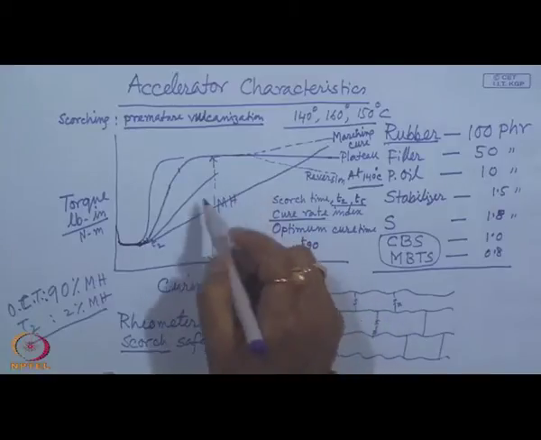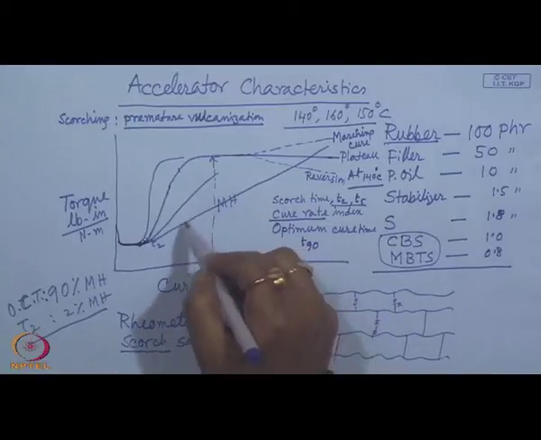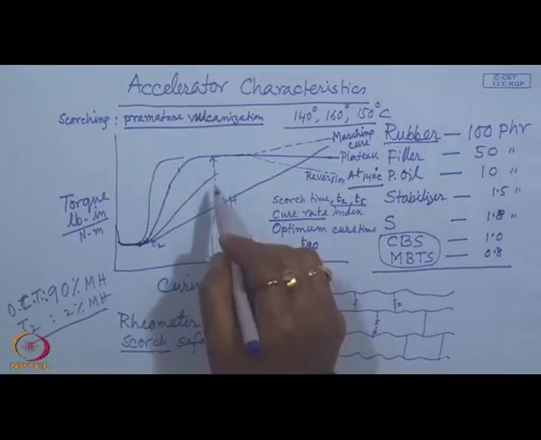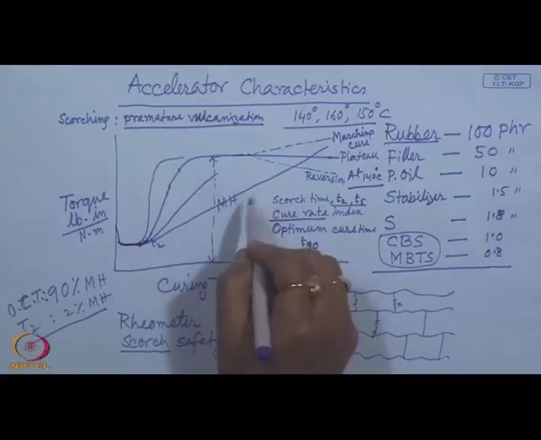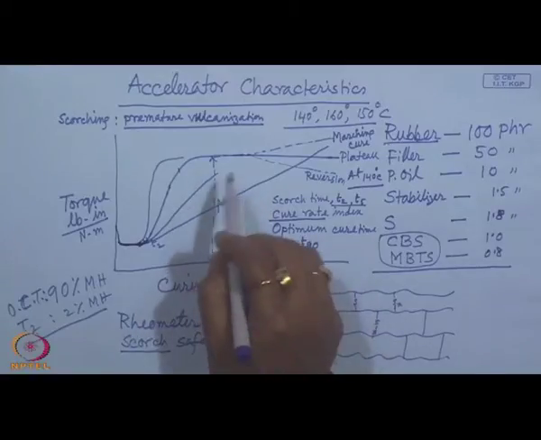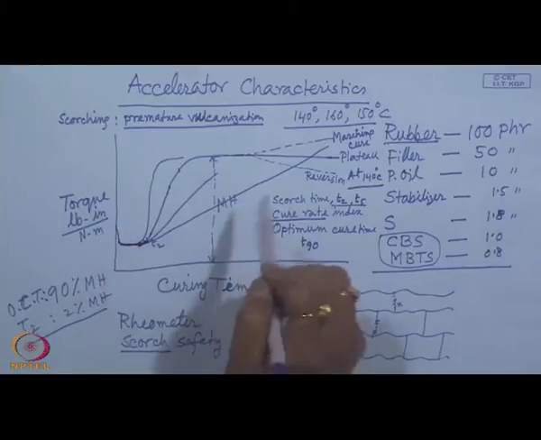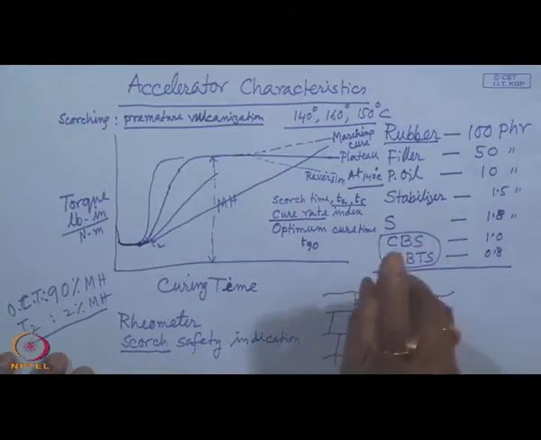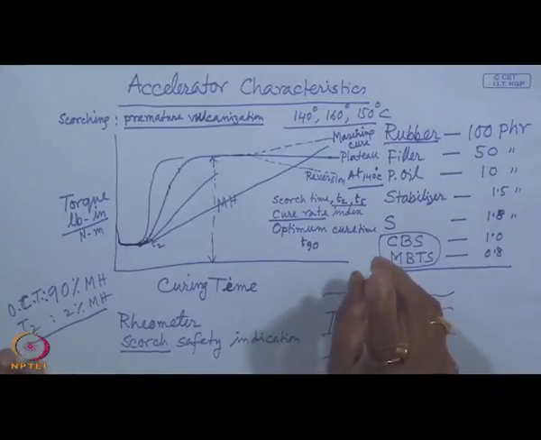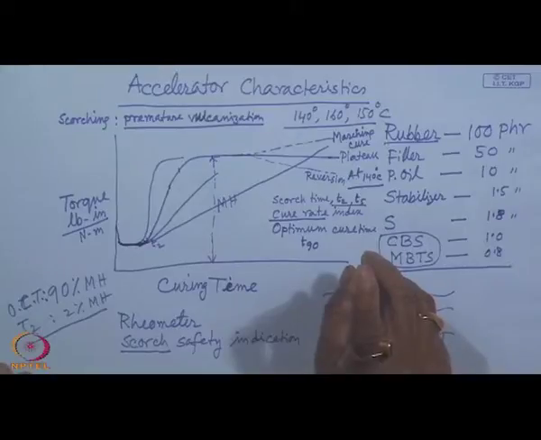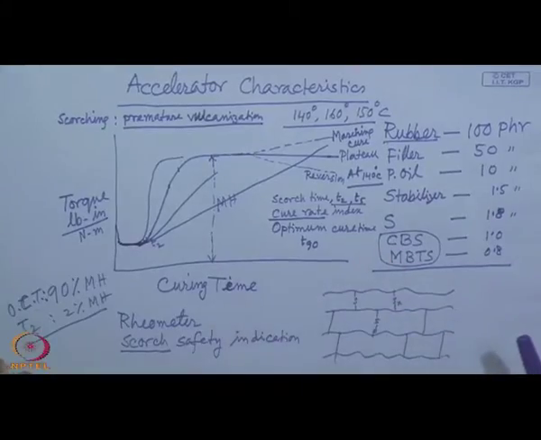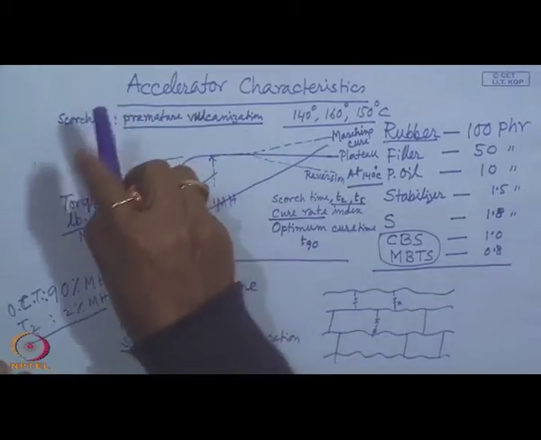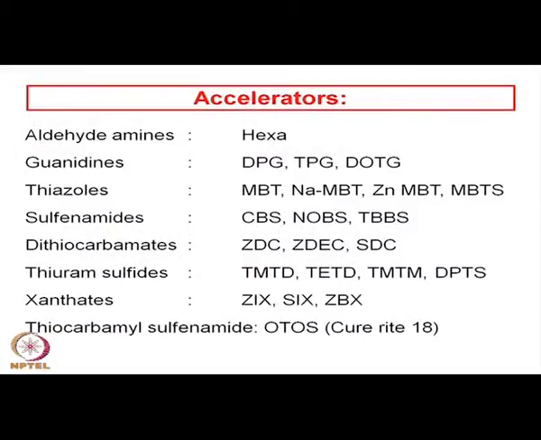That means, whether there is a delayed action accelerator, a slow accelerator, a fast accelerator, or a scorchy accelerator, those things can be judged from this rheometer profile. If more information is required, the reader is referred to some special books on rubber technology, or vulcanization, or science and technology of rubber.